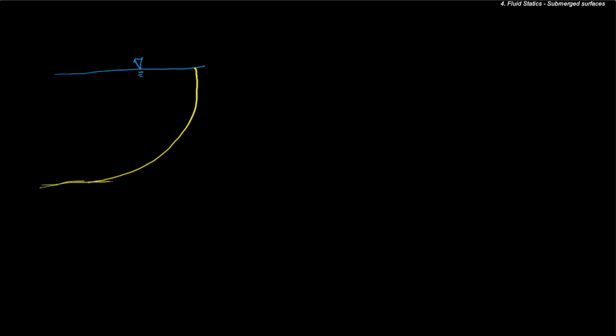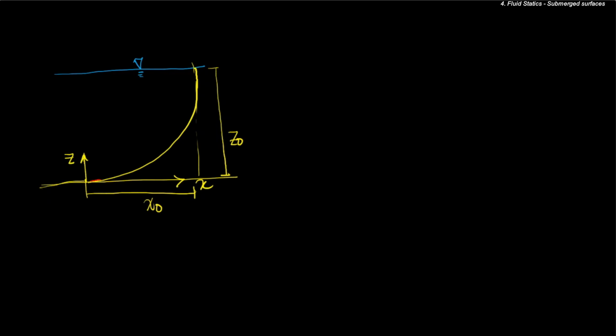This is the ground. So the height is given as z0. The entire extent of the dam in the x direction is x0. This is the x axis and this is the y axis or the z axis now.